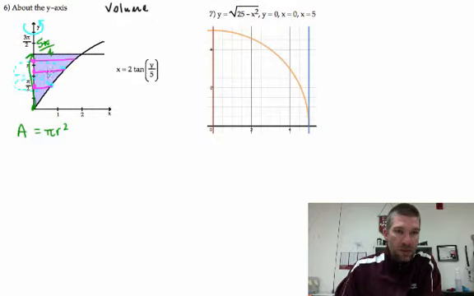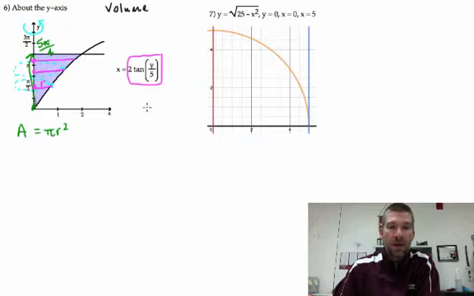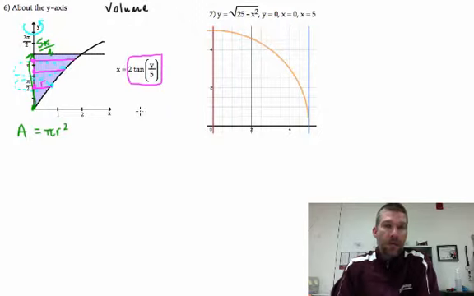And what we have to do is determine exactly what best represents our radius. And in this case, that is represented by the equation x equals 2 tangent of y over 5. That is our radius, because depending on where we're at, 2 tangent of y over 5 will tell us how far from the y-axis we are.